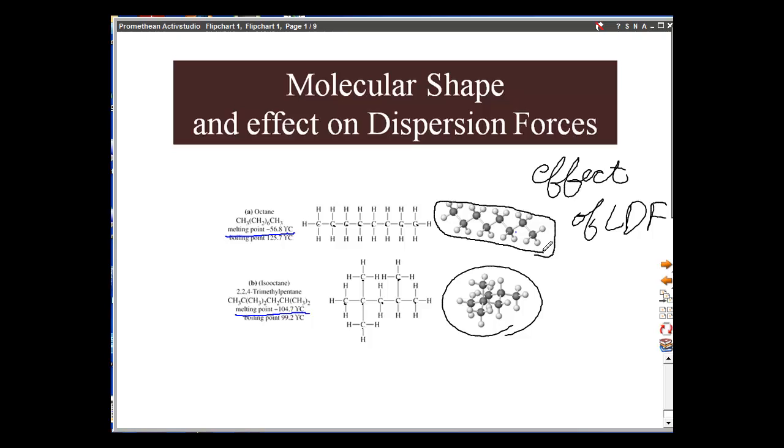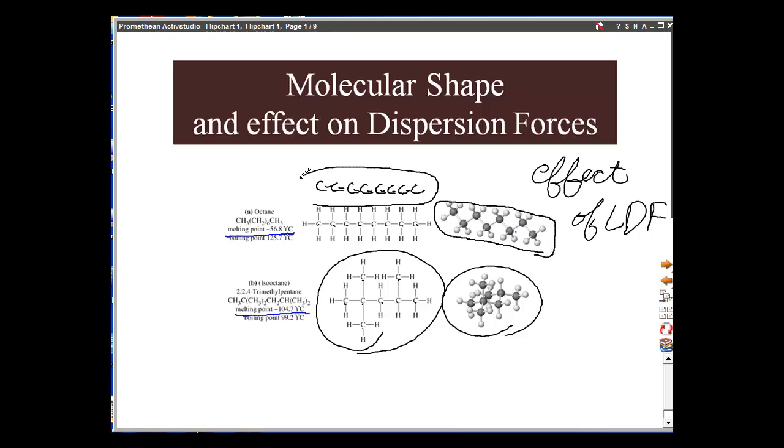When you have all these particles bunched up, the electrons and protons can't get close to another like atom. Whereas in this one, if you had another octane, I'm not going to draw on the hydrogens, but the surface area is a lot more, so the particles can align a lot more and get a lot closer to each other.